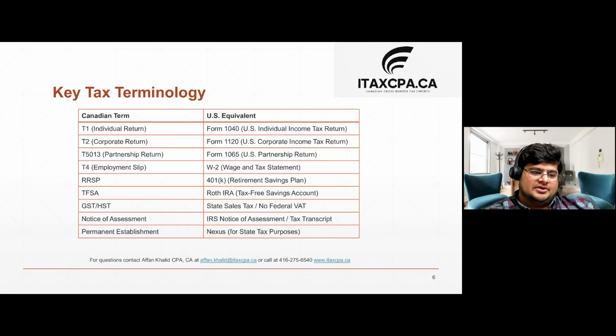Once you file those returns, the CRA will issue a notice of assessment. And then finally, permanent establishment. This term, we use it more frequently over here instead of the term nexus. But I will try to use nexus just because it's more familiar to you instead of using the term permanent establishment.